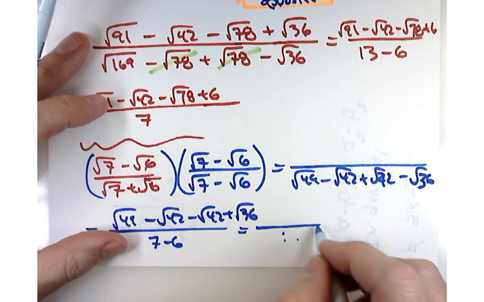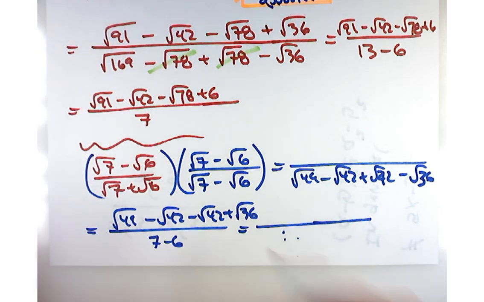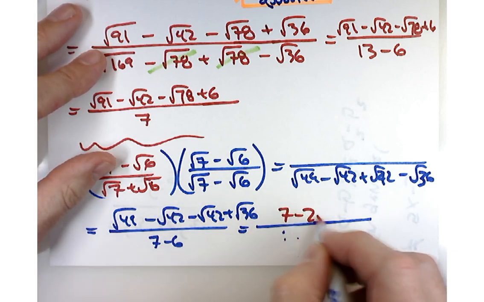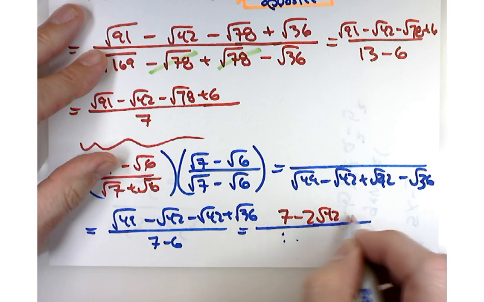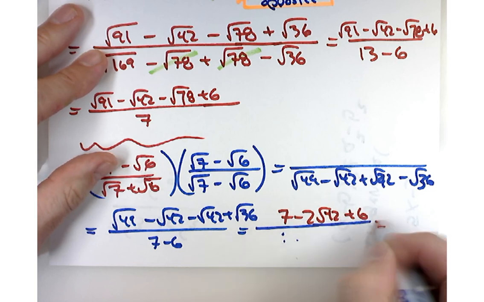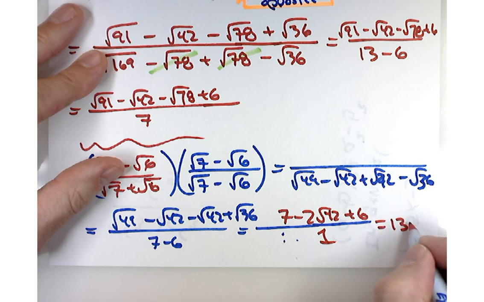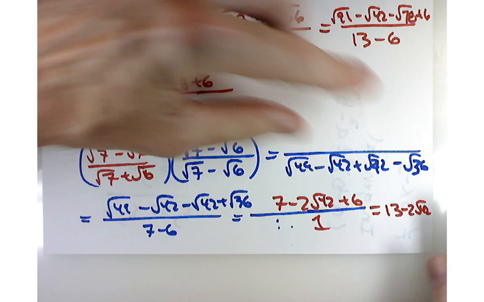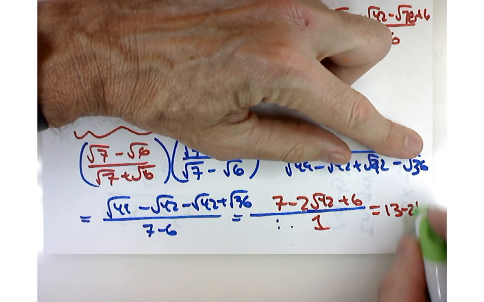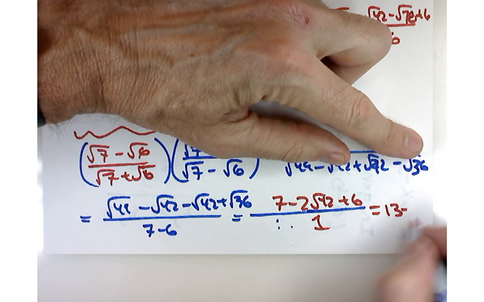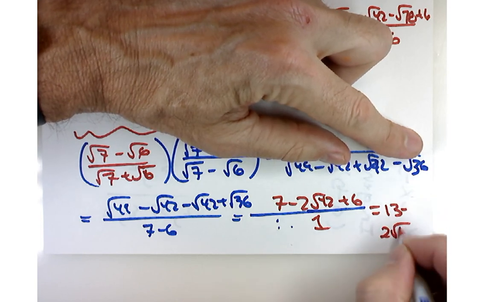Give myself a little bit more room here. So it's going to be 7 minus 2 square roots of 42 plus 6 all over 1, or 13 minus 2 square roots of 42. Yeah, and again, didn't leave myself enough room. My bad. So 2 square roots of 42.